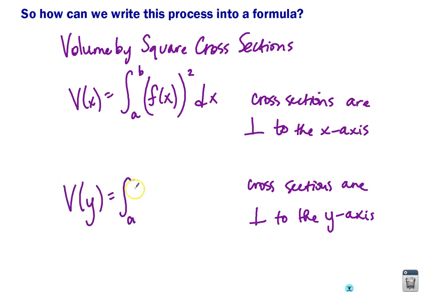So you'd go from a to b, but now your a to b would be your two y values where you start and finish, of your function in terms of y, squared, with respect to y. So it just depends on which direction your cross sections are going. Are they perpendicular to the x-axis or to the y-axis? Make sure you're very careful about which one you're doing each time.